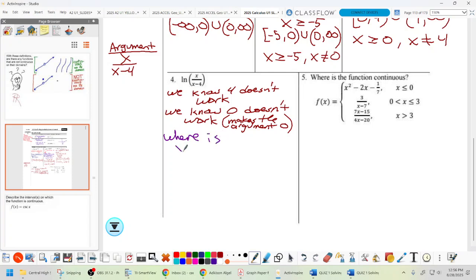Where is x over x minus 4 negative? From 0 to 4. It's from 0 to 4. Do I agree with that? Yes, I do. Okay.